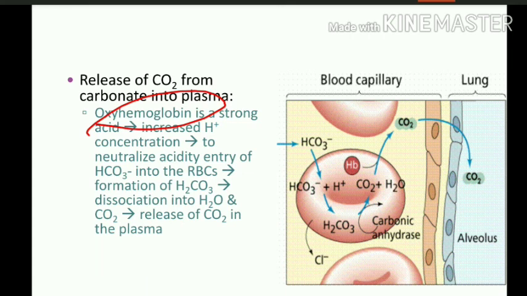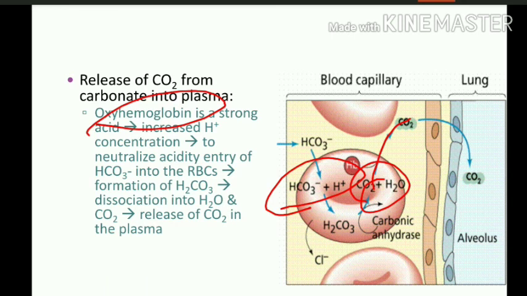And the second thing is, oxyhemoglobin is a strong acid, stronger than the carbonic acid, and therefore it releases H+ ions, and these H+ ions combine with the HCO3-, you can see here. So H+ combines with the HCO3- and they form H2CO3 inside the RBC, and this H2CO3 is converted into H2O and CO2, and the CO2 is released.